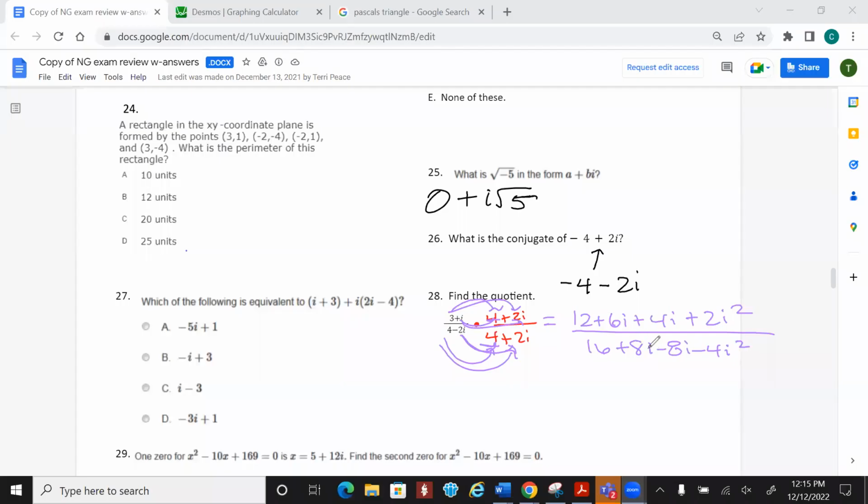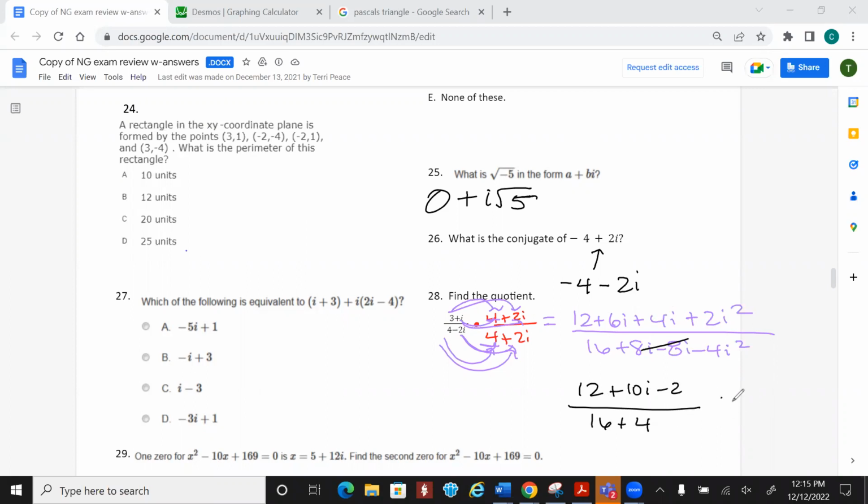All right, so let's simplify. In the top, we're going to combine our like terms. So that's going to be 10i. Remember, i squared is -1, so we're going to switch this guy to -2. And then in the bottom, these will cancel, and we're going to switch that to a +4.